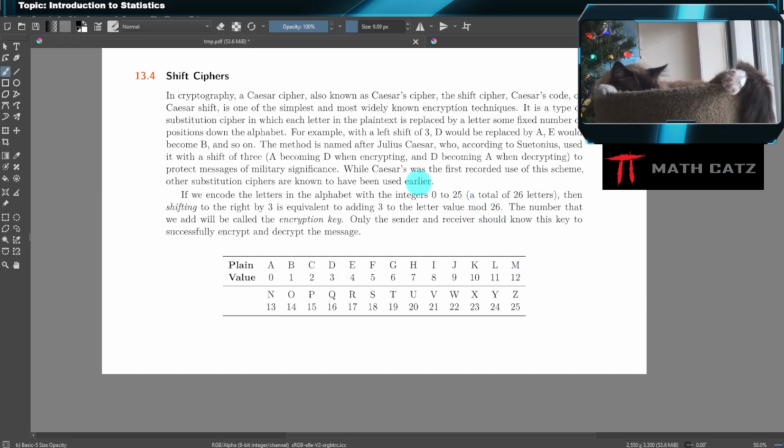So what he did to encrypt his original message was he shifted all the letters by 3 positions. So an A would become a D, and then the correct person would know it was shifted by 3, and they would simply shift it back.